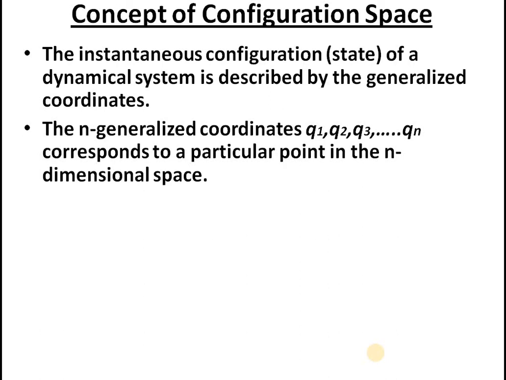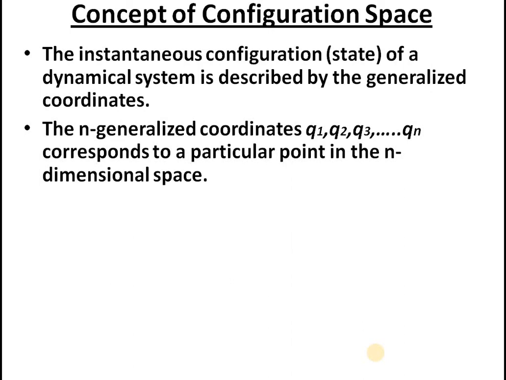Theta increases, becomes maximum, then again it comes down, becomes 0. We get a curve, or we can represent the motion on a single axis. Theta is the only variable. Whereas if you represent this motion in a 2D plane, you get a sinusoidal curve, if you represent the motion in a configuration space, you can represent the motion on a single line.